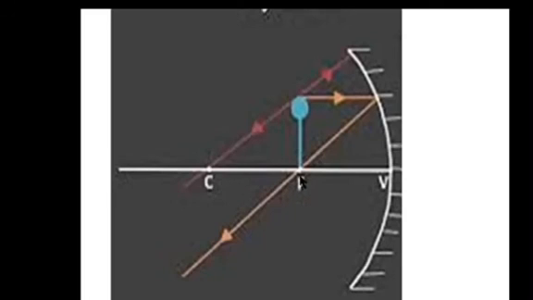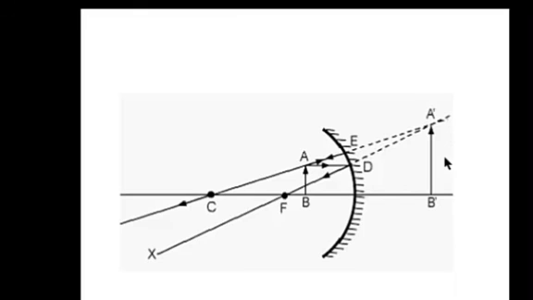Now, if the object is at the principal focus, we will get the image at infinity. If the object is between the principal focus and the pole of the mirror, we will get an erect image at the back of the mirror.